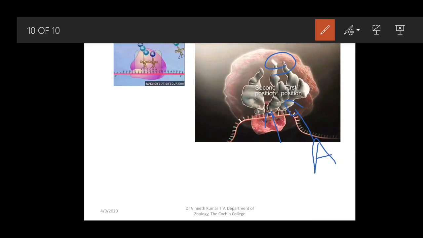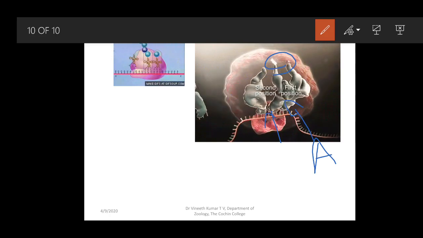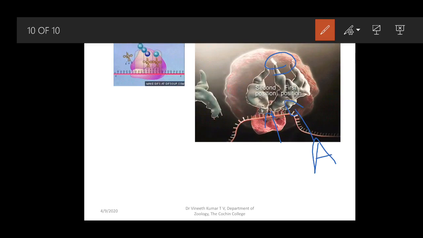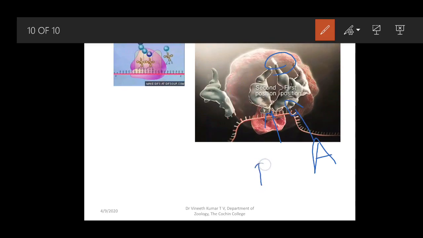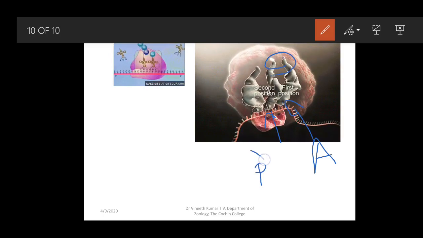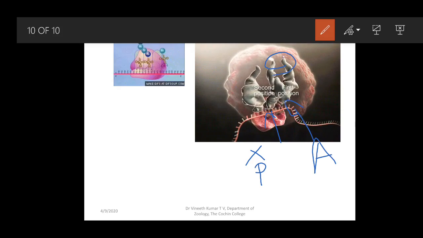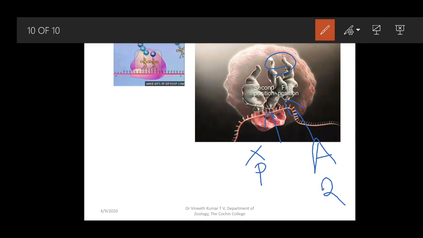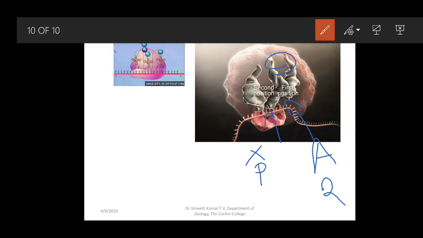So in our case, we are at the starting point of the translation. After the first peptide bond formation at the P site, you will have a tRNA which does not have any amino acid, and the tRNA which is at the A site will have 2 amino acids, because the amino acid is now transferred to the tRNA at the A site.